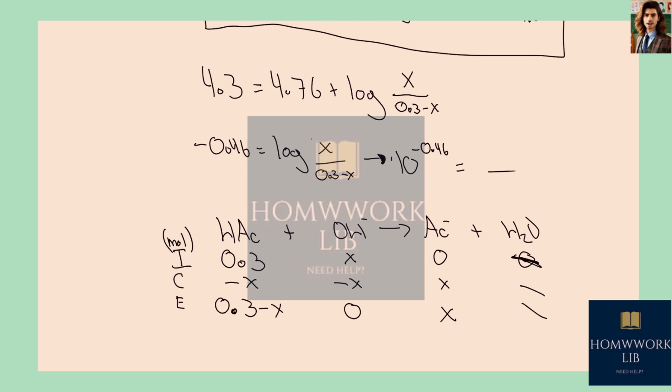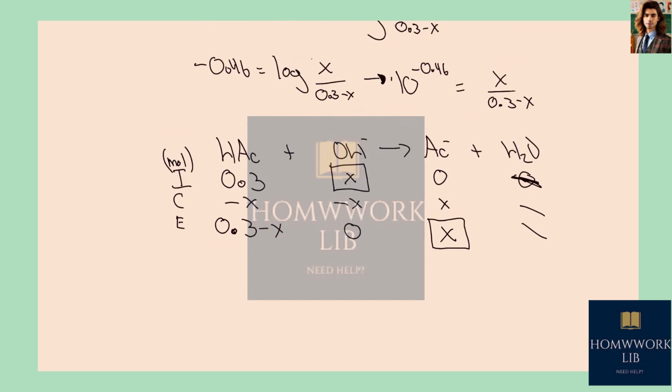It turns out that the only thing that I need to do is solve for X directly. And that X amount is equal to the amount of mole of acetate that I'm going to have, and is also equal to the amount of OH minus that I need to add into my solution. So we can proceed from this part of my equation.